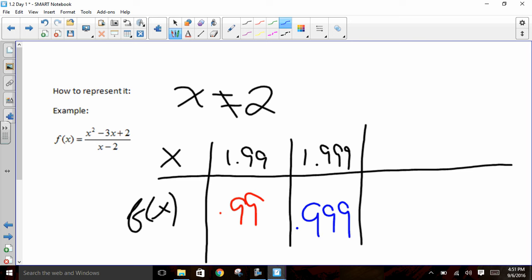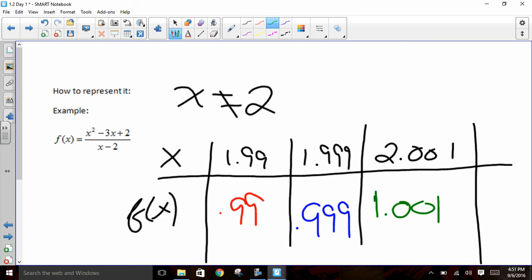All right, let's try a little bit above 2 now. Let's do 2.001. I get 1.001. And then if I do 2.01, I get 1.01.